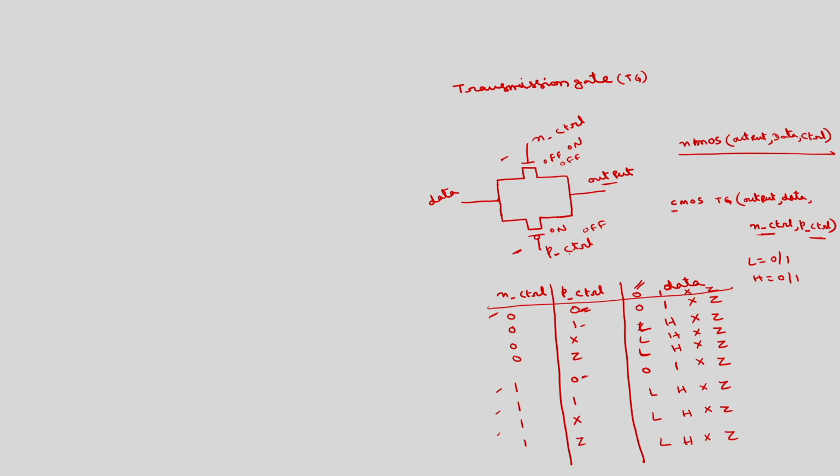Okay. So, this transmission gate is another type of CMOS circuit, which can be used to implement Boolean functions. If I take a simple implementation of the multiplexer using transmission gate, I will take, say, a 2 by 1 multiplexer.